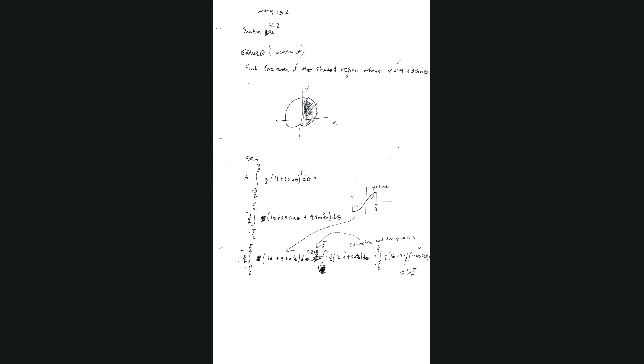All right, so I'm going to take 16 times pi over 2 plus 9/2 times pi over 2 minus the sine of pi, because 2 times pi over 2 is pi, all over 2.